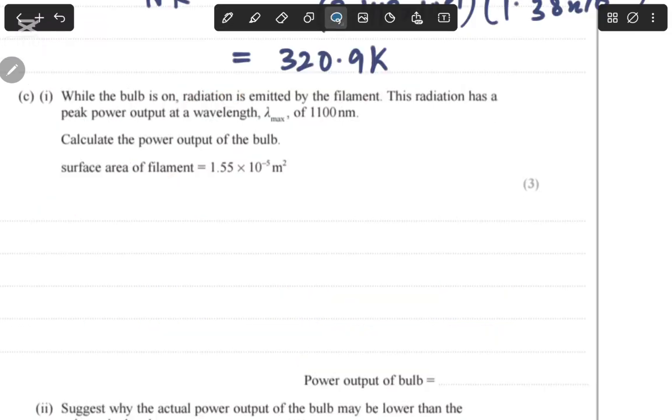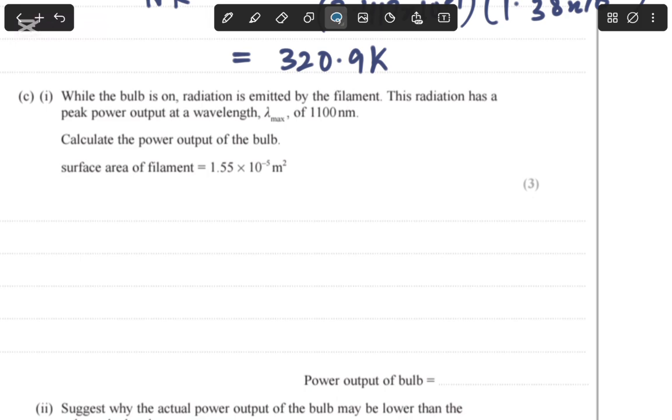Okay, next part, it says, while the bulb is on, radiation is emitted by the filament. The radiation has a peak power output at a wavelength of lambda max of 1100 nanometers.